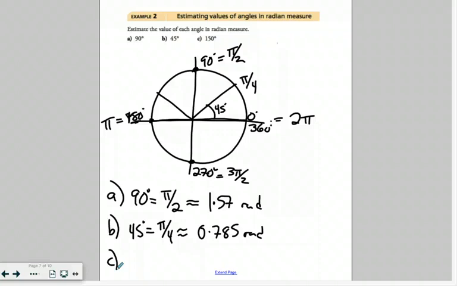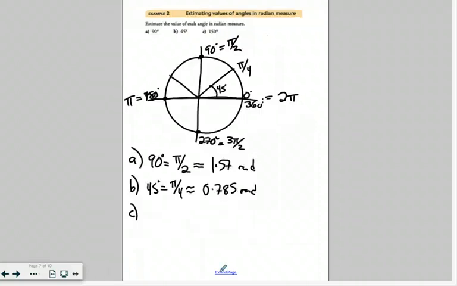And with that 150, a little bit harder to see on that graph, but if you think about what 150 is as a fraction of the circle of 360 degrees, so 150 over 360, simplify that down, and it reduces to 5/12. Both are divisible by 30. You divide 150 by 30 to get 5, you divide 360 by 30 to get 12.